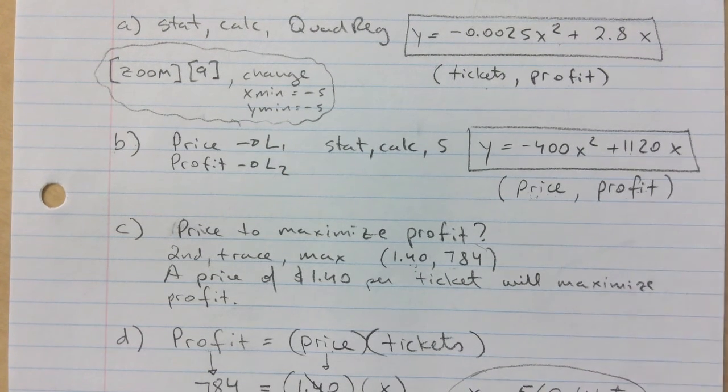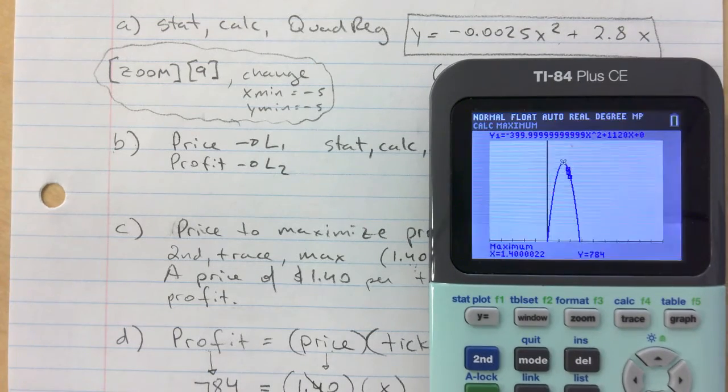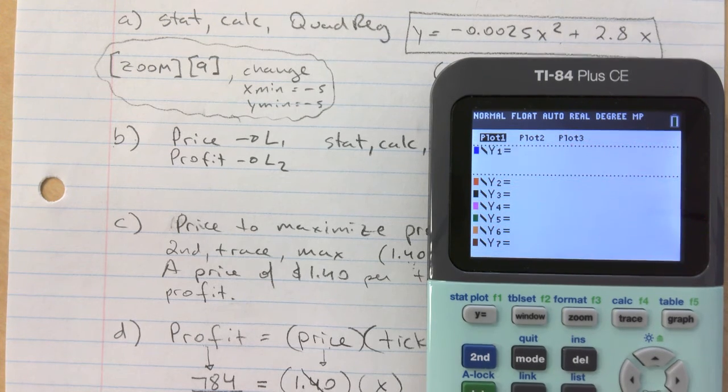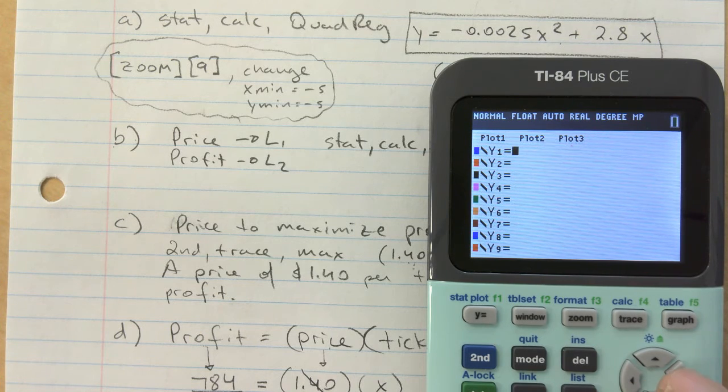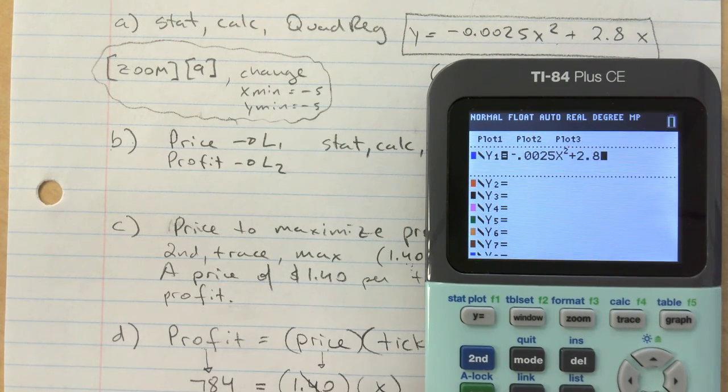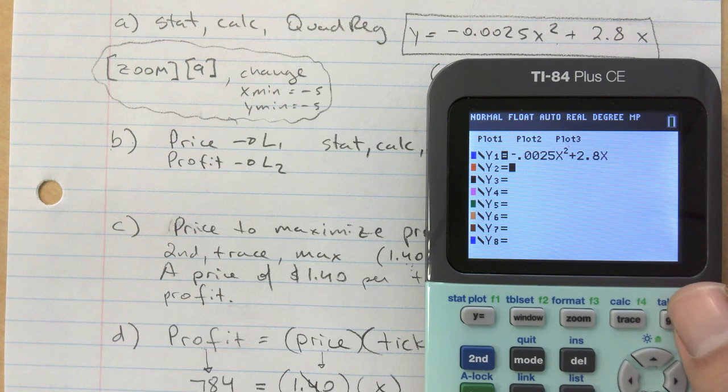Let's go ahead and do that because it's a nice number to type in. So clear whatever's in Y1. We're going to turn off plot 1 and we're going to type in negative 0.0025x squared plus 2.8x and try to graph it. So just hit graph. Hopefully it will show up most of it.